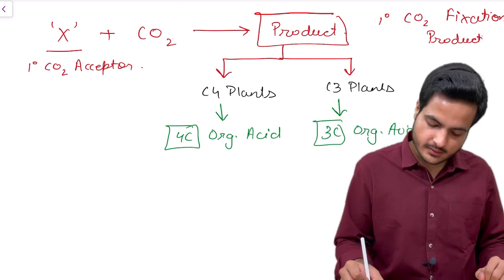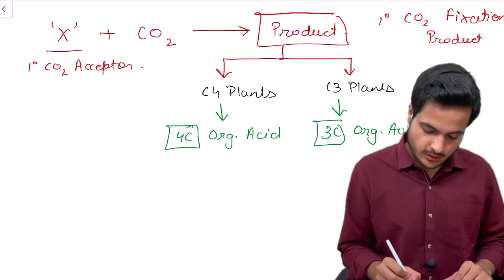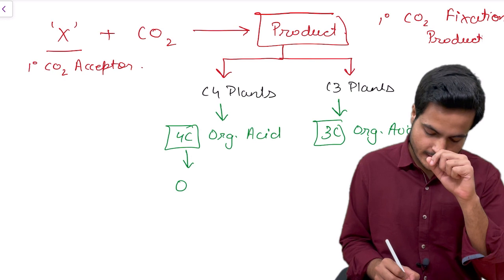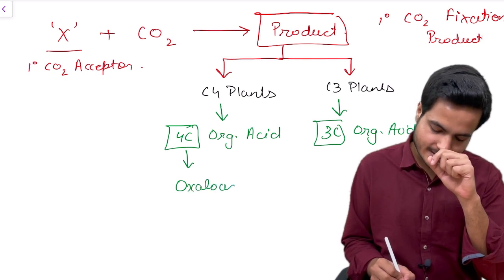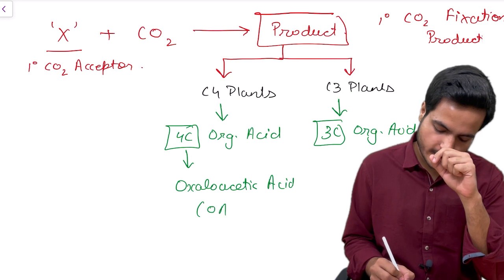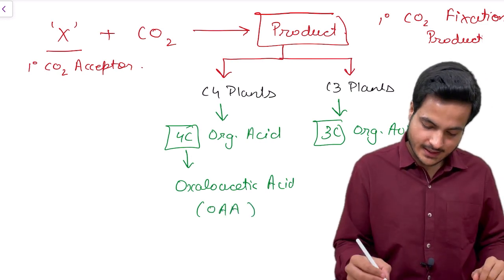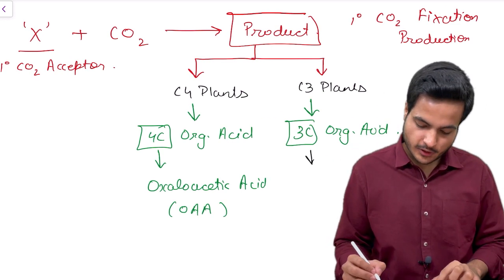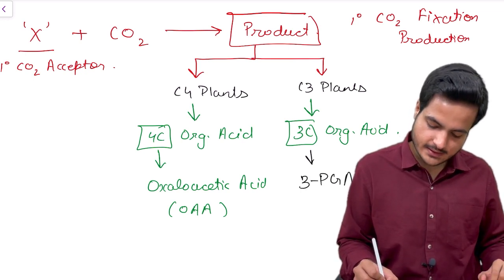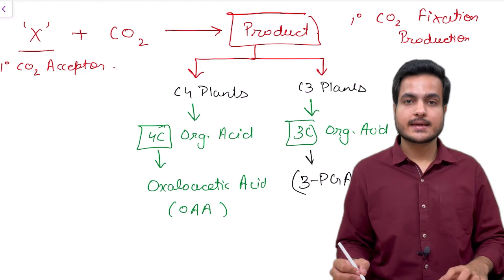Here we'll revise the names of these acids. The 4 carbon acid formed in C4 plants is oxaloacetic acid, also written as OAA. And in C3 plants, the product formed is 3-phosphoglyceric acid, also written as 3PGA.